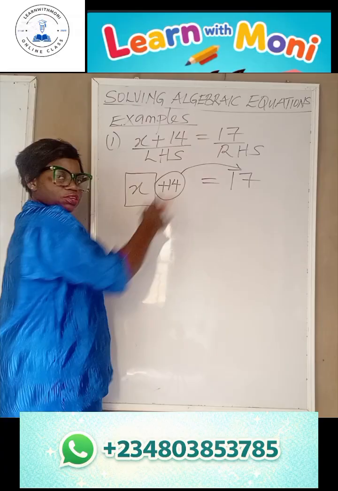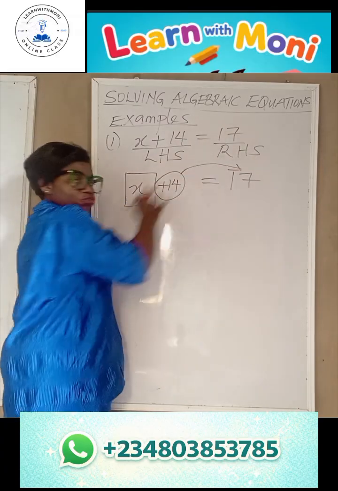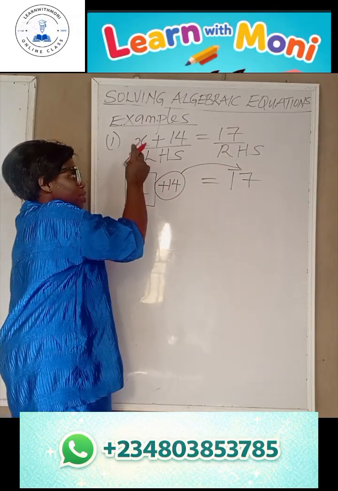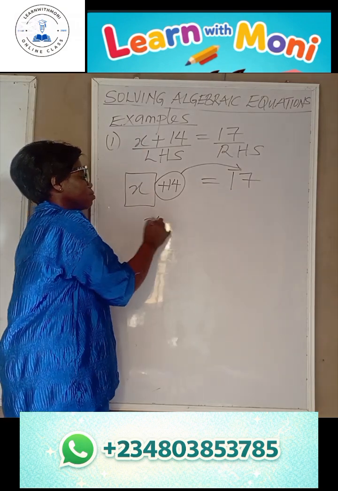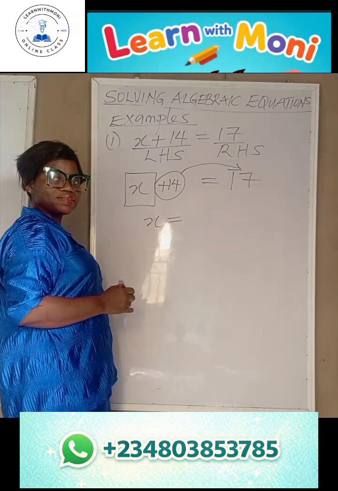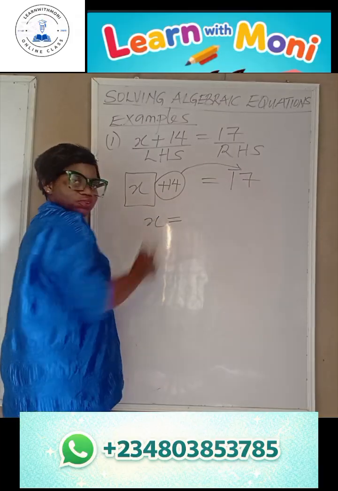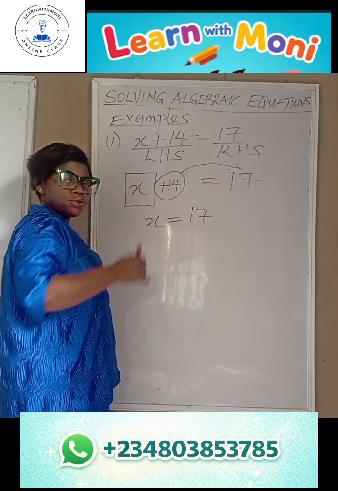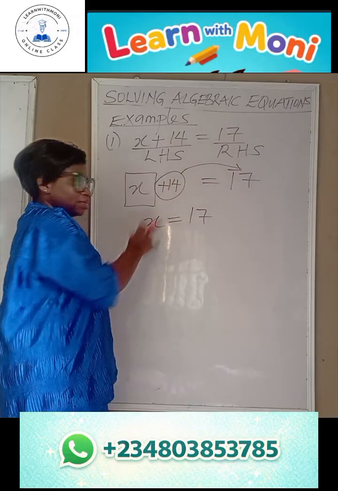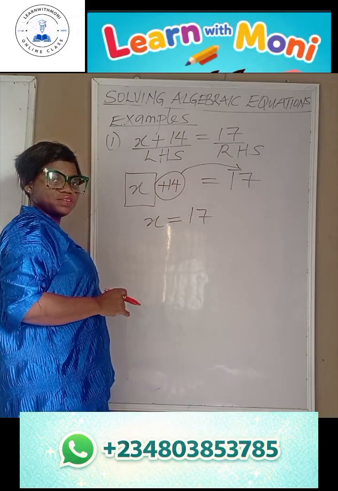So I am rolling this over. By the time I roll it over to the other side, the only thing that will be left on my left hand side is my x. And on my right hand side, I already have 17. I'll mention the 17 first. Mention the owner of the house before the guest. The guest is plus 14. It is visiting.